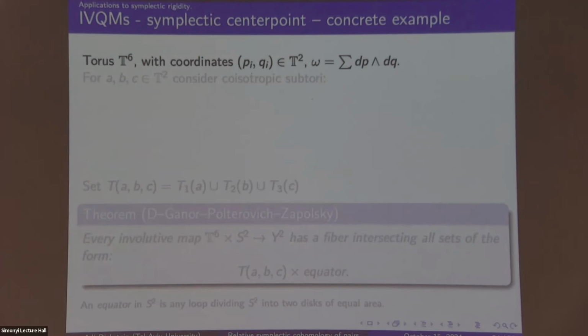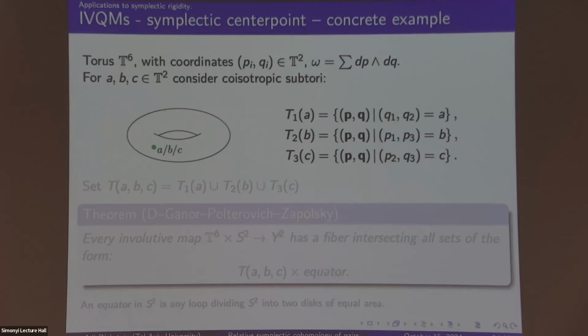So on the 6-torus with standard coordinates, let A, B, and C be points in T2. And I will define a family of three coisotropic tori as follows.